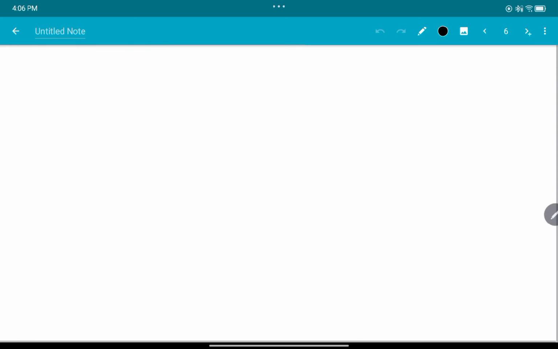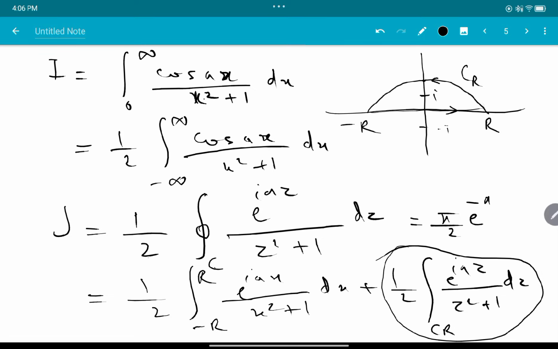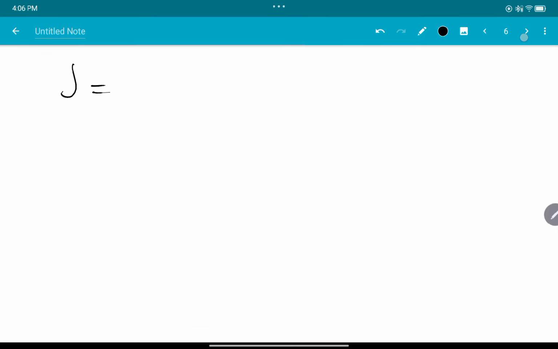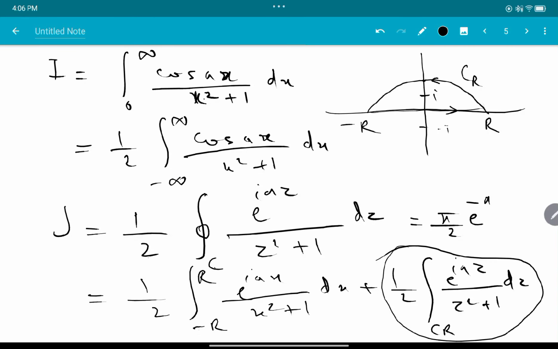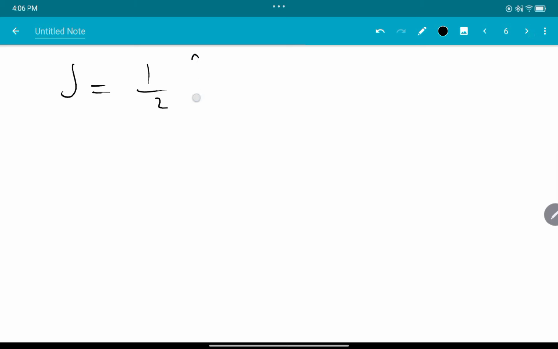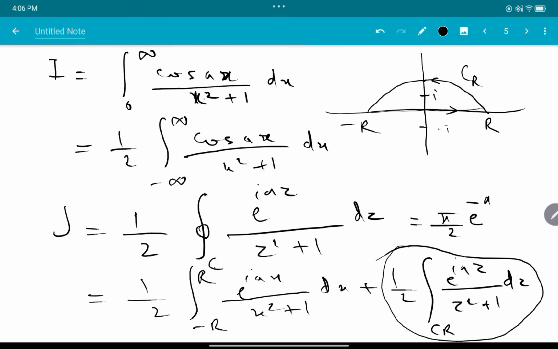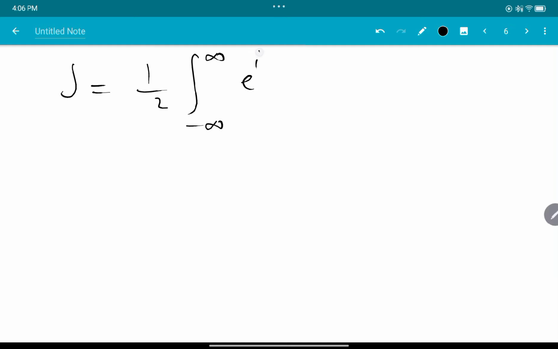So finally we got J equal to 1 by 2 times the integral from minus infinity to plus infinity of e raised to I a x divided by x square plus 1.